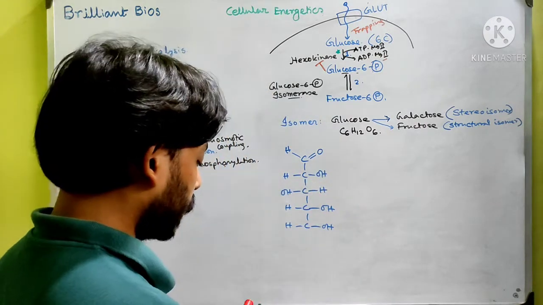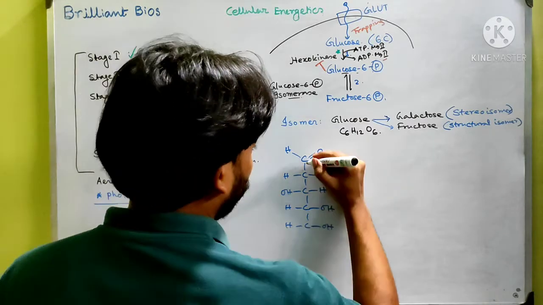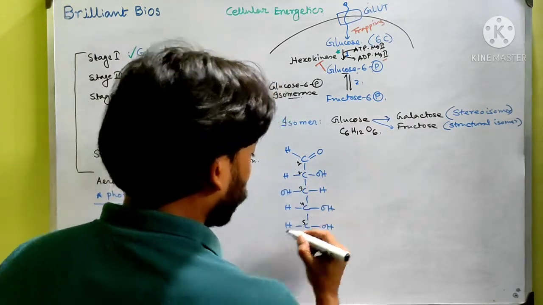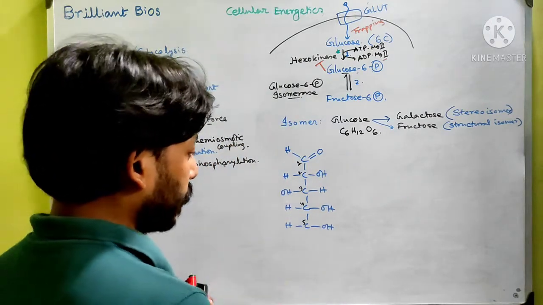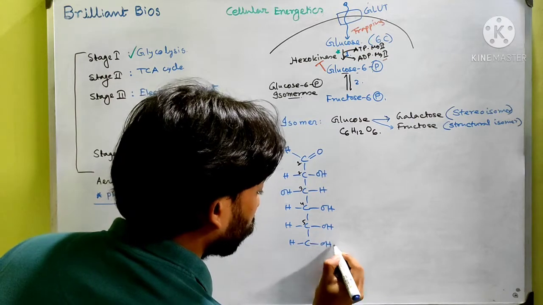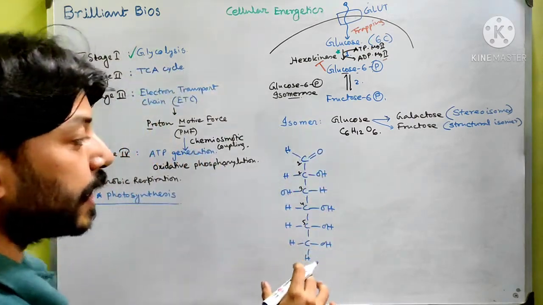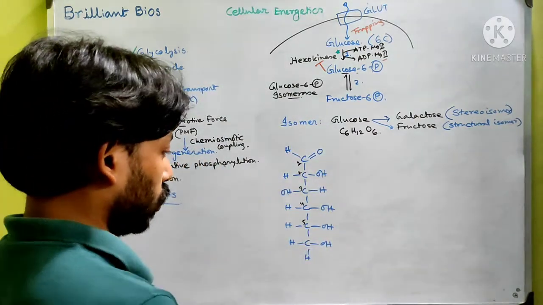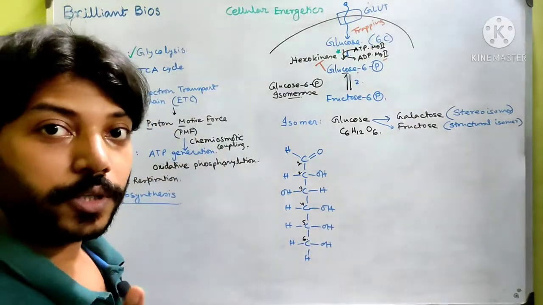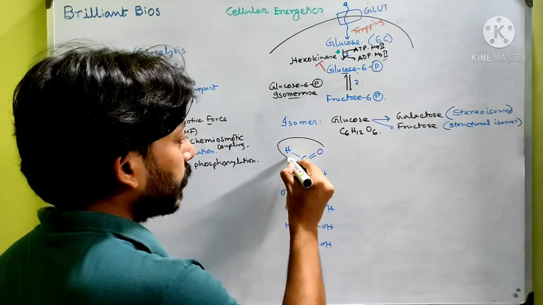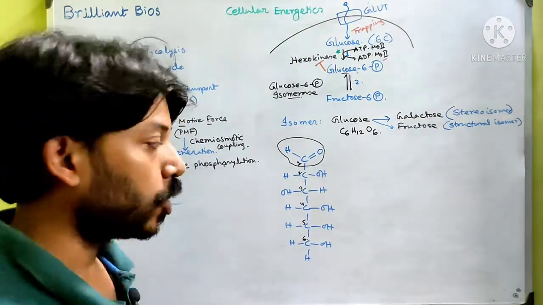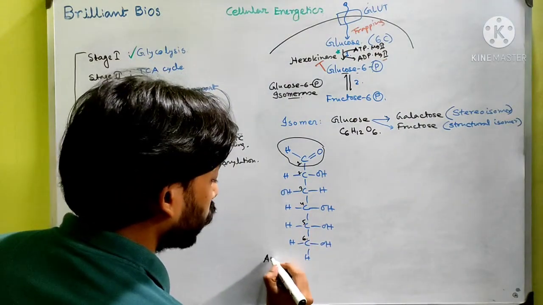There are 6 carbon, this is the first, second, third, fourth, fifth, and there will be another carbon. Okay, this is the linear structure of glucose. Now you can see that glucose has an aldehyde group, CHO. So glucose is called an aldose.